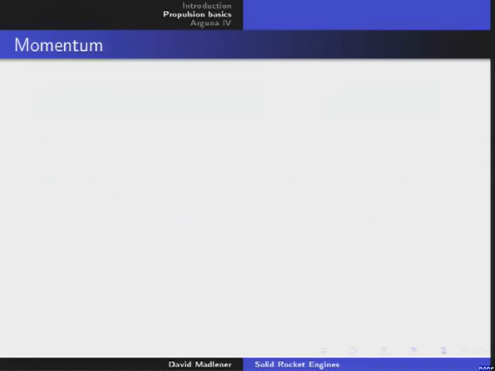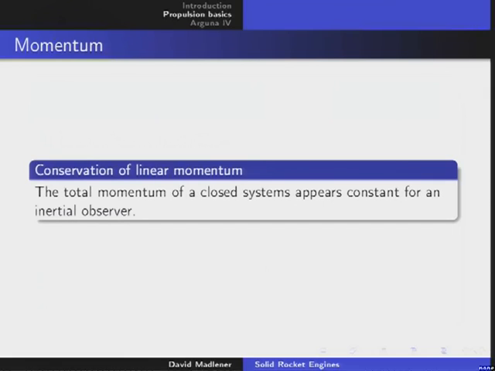So let's talk now about some physics, some propulsion basics. We have done the applications, and you understand now that there are different ways to do it, but there are some common things. First, most of us know there's something we call linear momentum, and if you're an inertial observer looking at a system where no forces are interacting, then this momentum has to be constant.